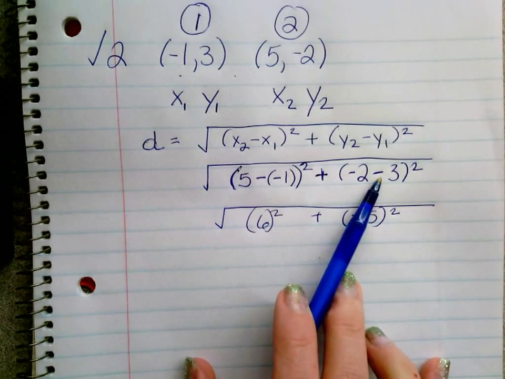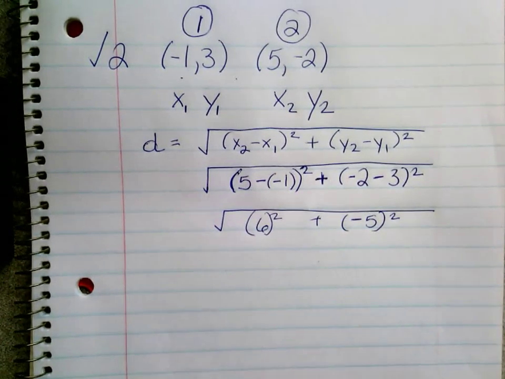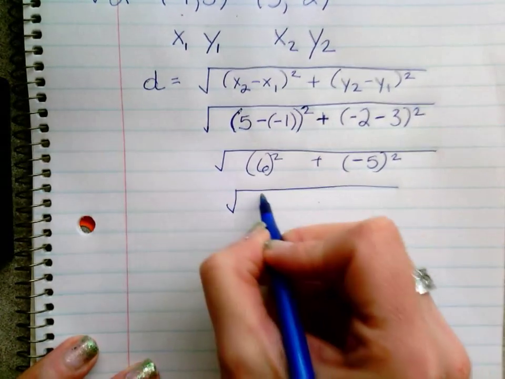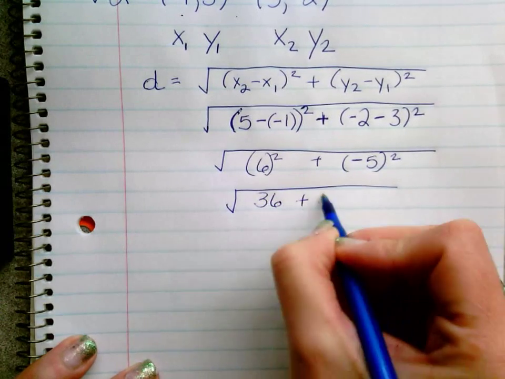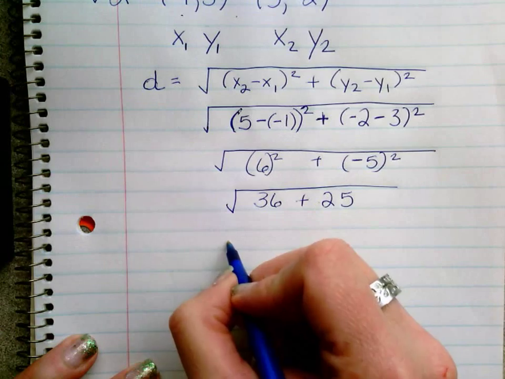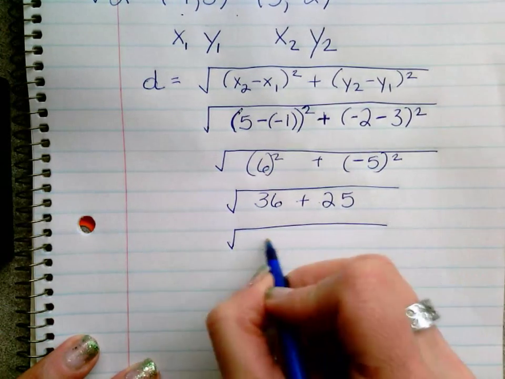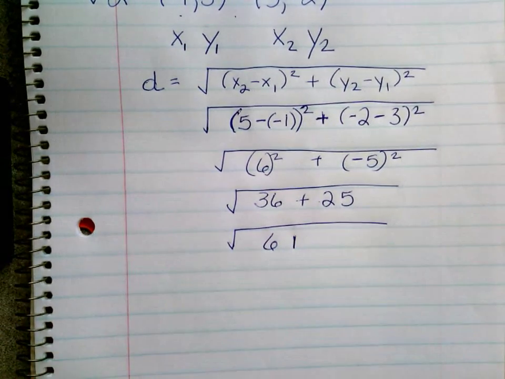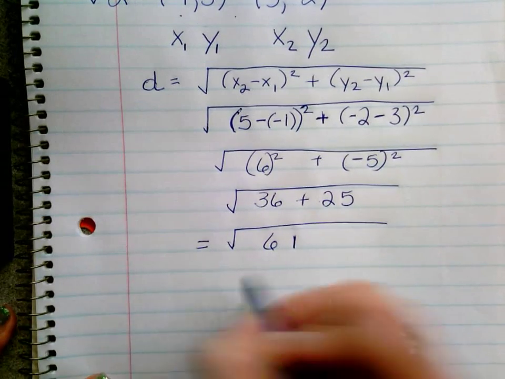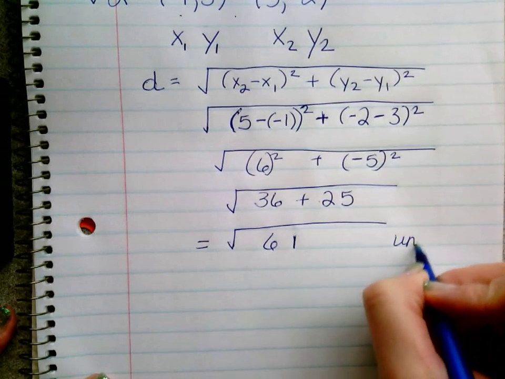Negative 2 and a negative 3? Negative 5? So 36 plus 25? Ugh. So 61? Are there any perfect square factors of 61? No. Therefore, the answer is radical 61 units.